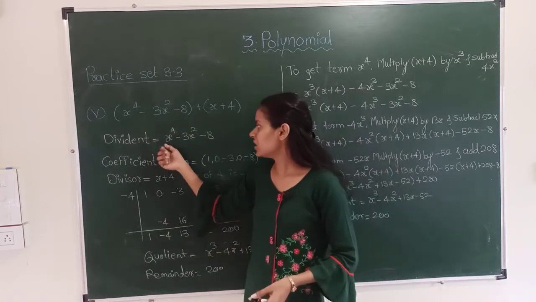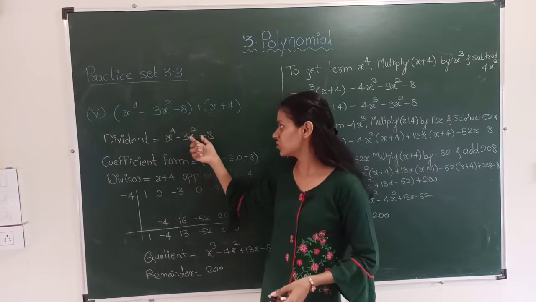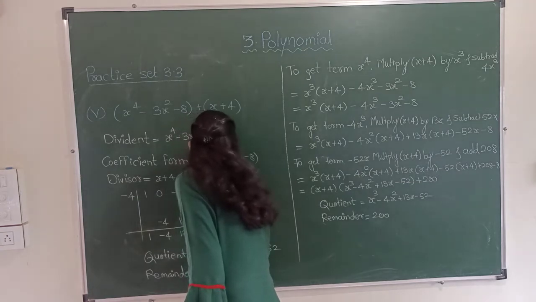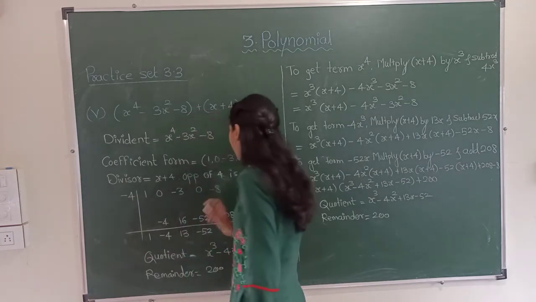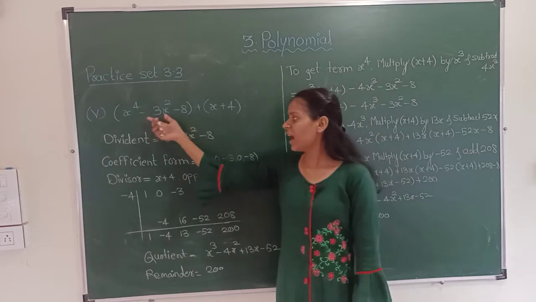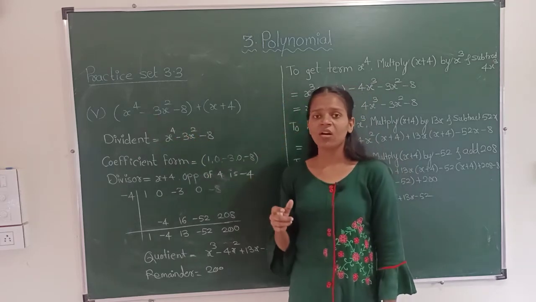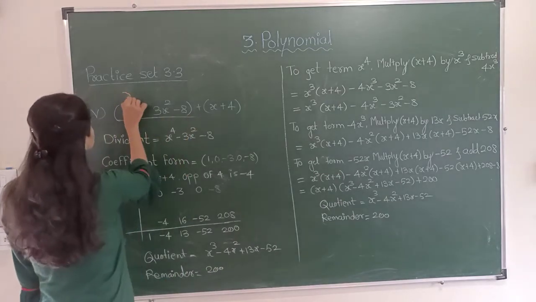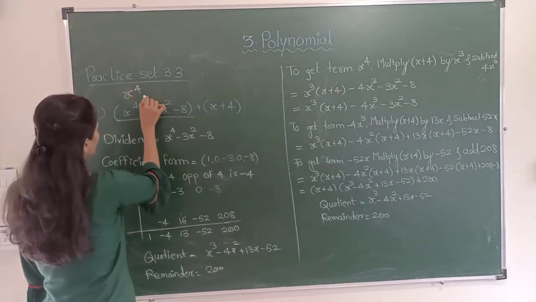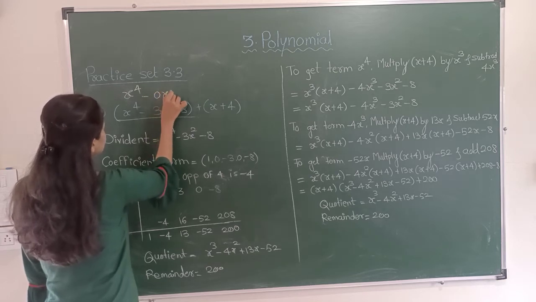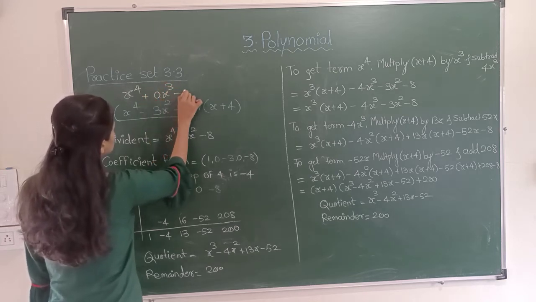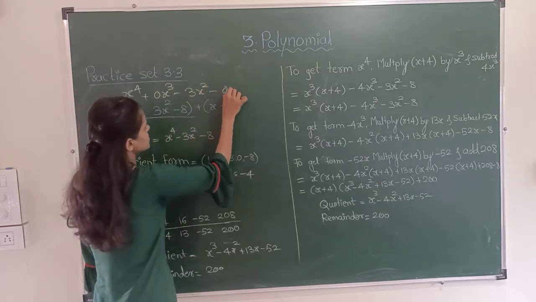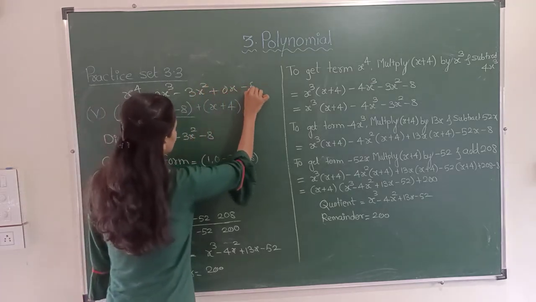See, the dividend is x raised to 4 minus 3x raised to 2 minus 8. Now we can write the coefficient form of it. If we write it in descending order of powers, it is x raised to 4, minus 0x raised to 3, plus minus 3x raised to 2, plus 0x, minus 8.